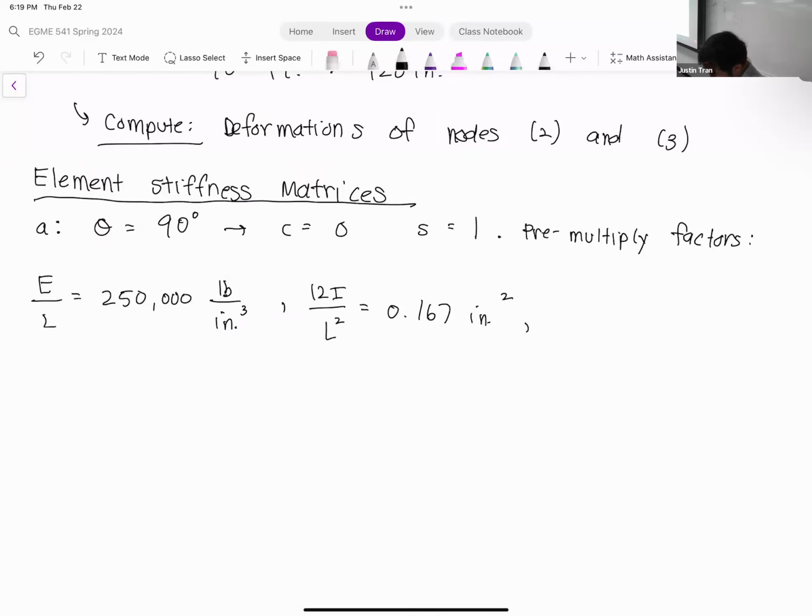Okay. The other factor that shows up quite a bit is 6I over L. Okay. So once again, we're just going to plug in for this, and what we get is 10 inches cubed. Okay.